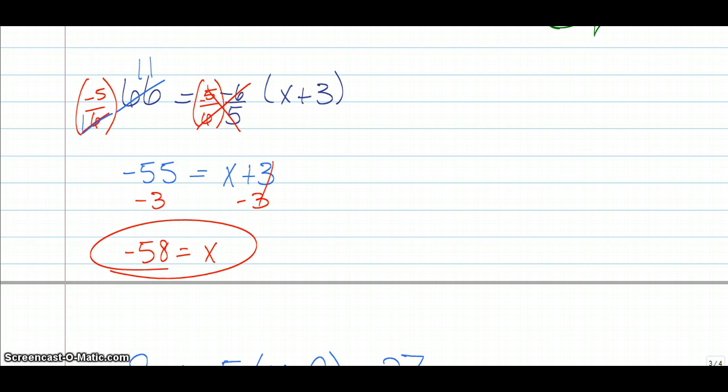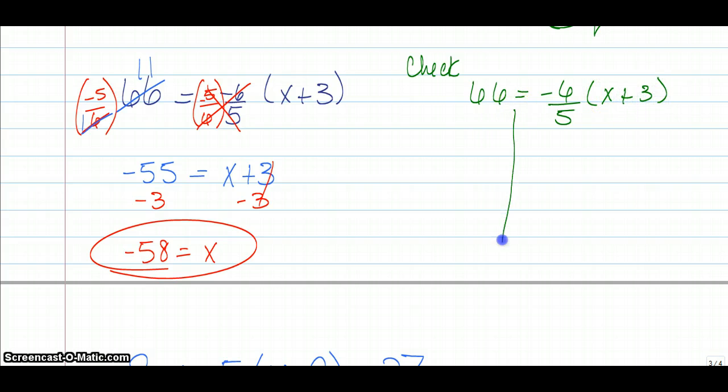Now when I come back and I check my work, I have 66 is equal to negative 6/5 times x plus 3. Draw my bar. So I have negative 6/5 times negative 58 plus 3.